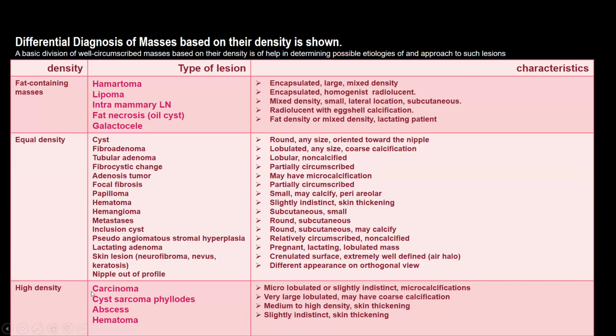And here for the high density, like carcinoma, cystosarcoma phyllodes, abscess, hematoma, and some types of cyst. The remainder of the list of pathology will be seen in the equal density.